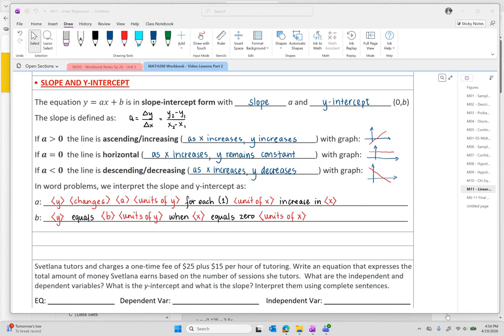A is the value of the slope, units of y, you want the units of y. For each 1 unit of x, you want the units of the independent variable here, increase in the name of the independent variable. And for the y-intercept, y equals b units of y when x equals 0 units of x.